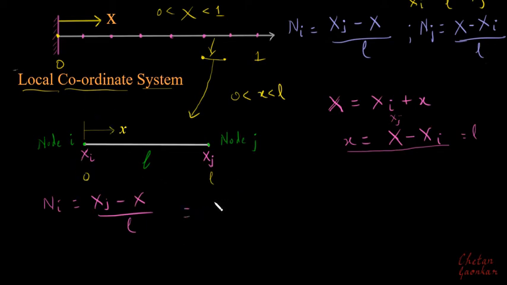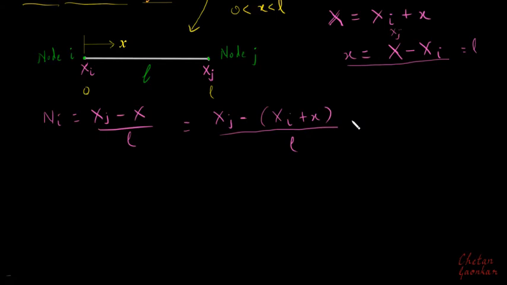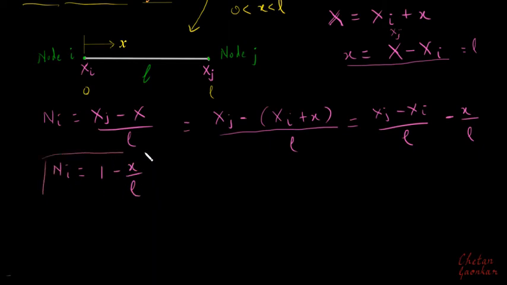As we know, in the local coordinate system, this X is given as xi plus small x, divided by L. Further, if I simplify this, I can write it as (xj minus xi) by L minus x by L, and xj minus xi is nothing but L. Therefore, I get this Ni as 1 minus x by L. So this first shape function in terms of the local coordinate system can be written as 1 minus x by L.